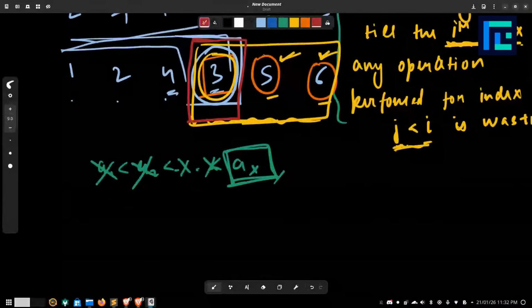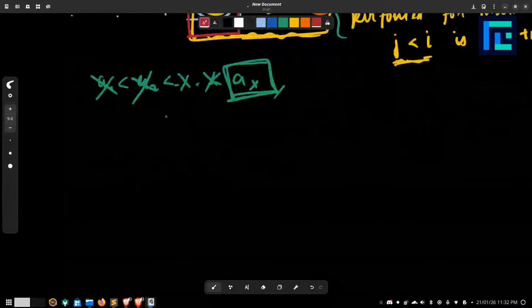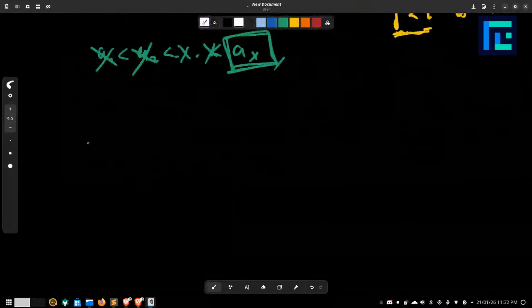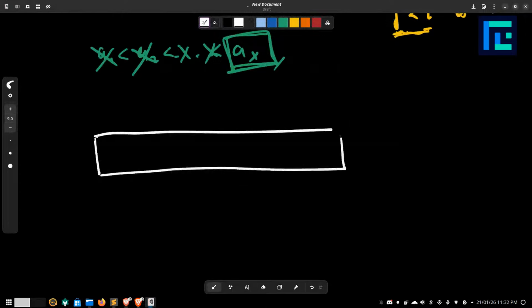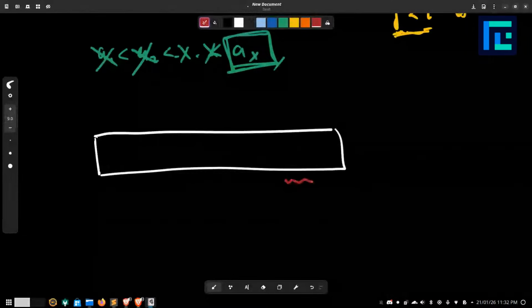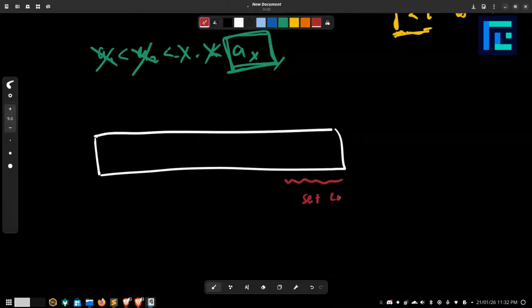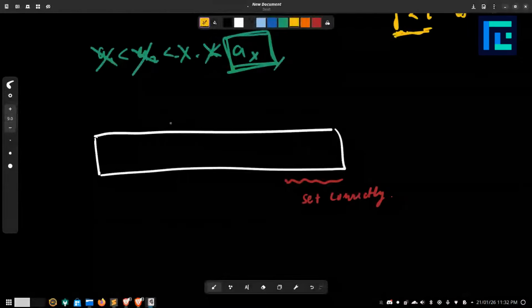So let me take a general case and explain this again. Let's say that I have this array, and let's say that some of the last values are set correctly. That means they are equal to the final value that must come at that place.